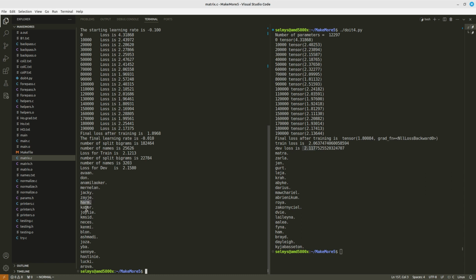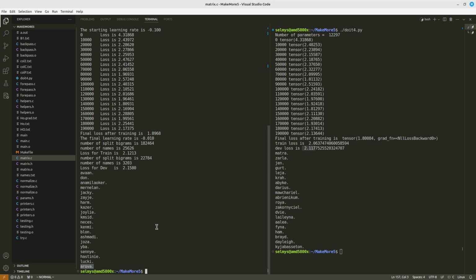Harm is a name, I don't know. Kazar, Joy Lee, Kenmi, Blonde, Joza. So here's one, Lucky with an I, or Arova. So I guess the names I'm coming up with, you can't really say they're any worse than the Python names. I think they're probably both equally valid new names.